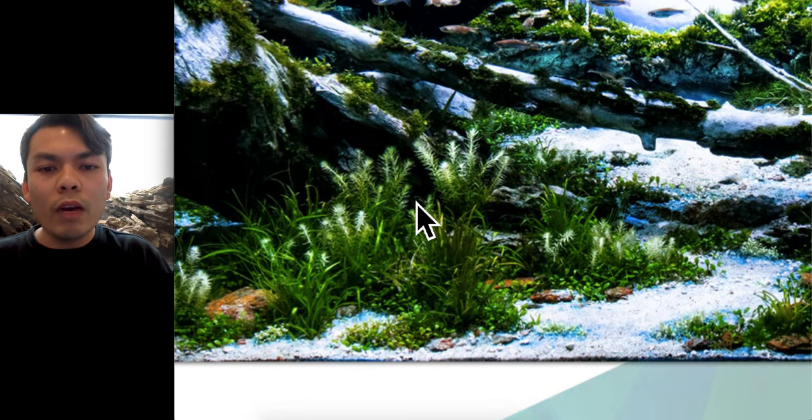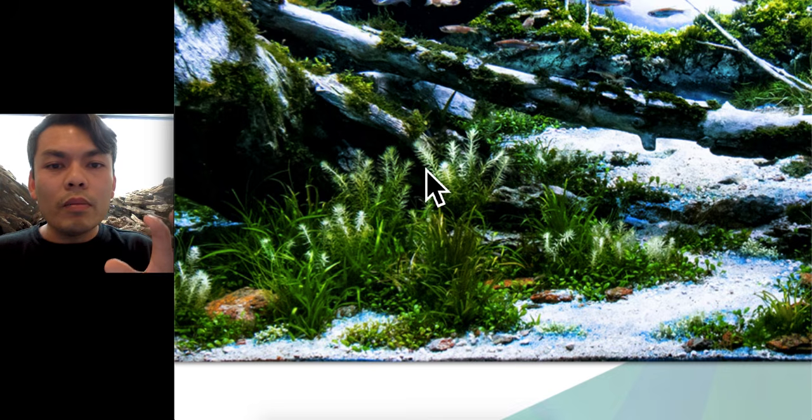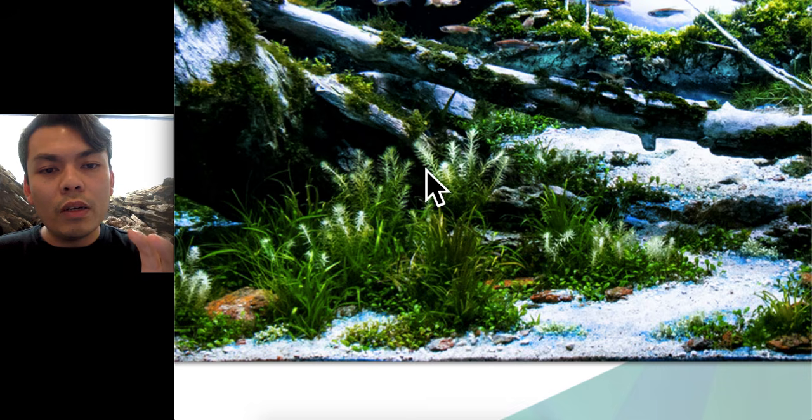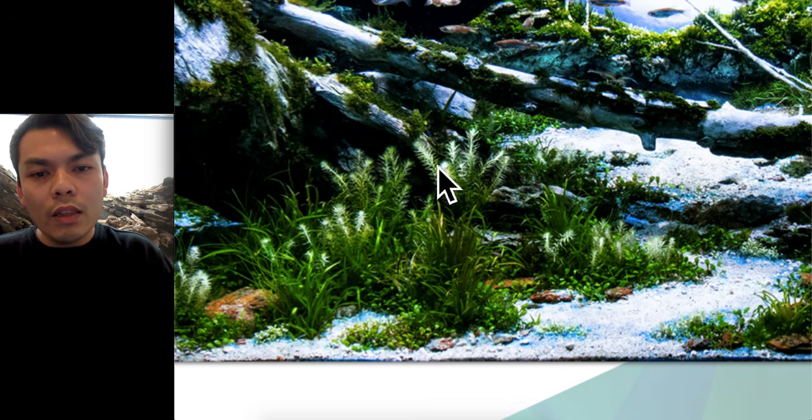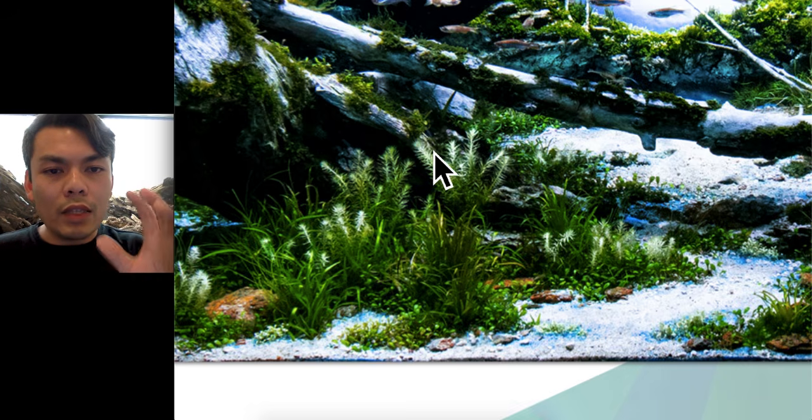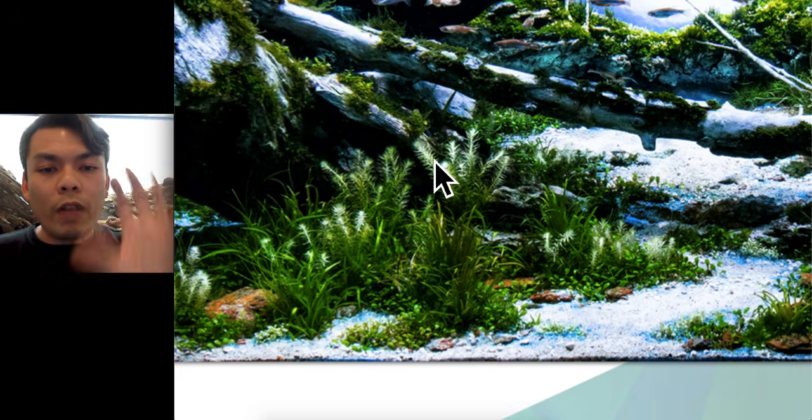And one thing I really appreciate about Stephen's work is, he only mentioned this in the past, but I started to catch on to it, the change in colors within the plants as well. He doesn't create scapes, or at least this is my understanding, with plants that are flat in color.